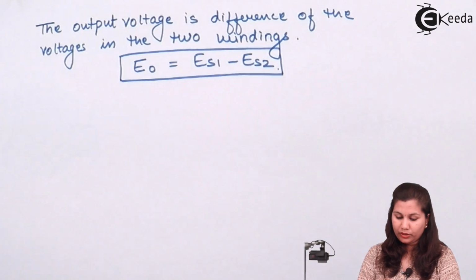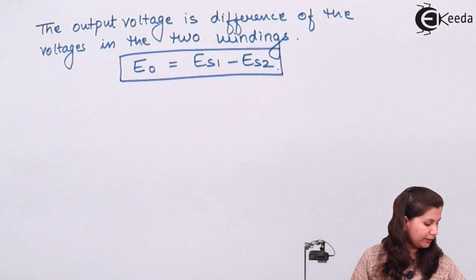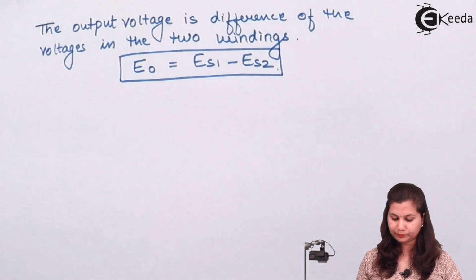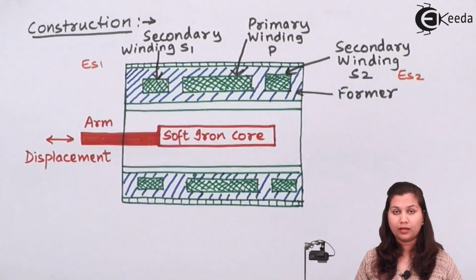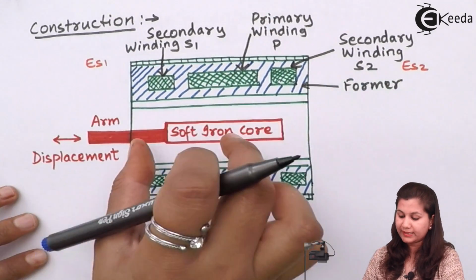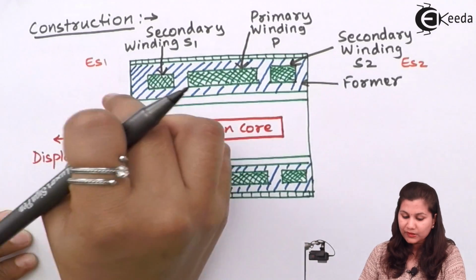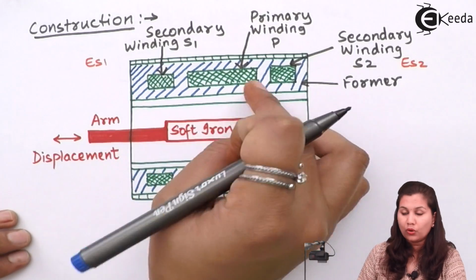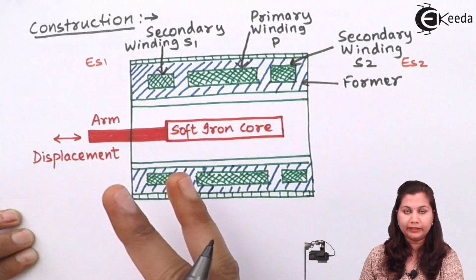Now when the soft iron core is at the null position, meaning it is exactly at the middle position, then the flux linked with these two secondary windings will be equal in magnitude.